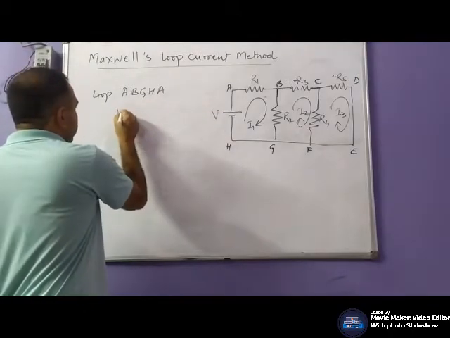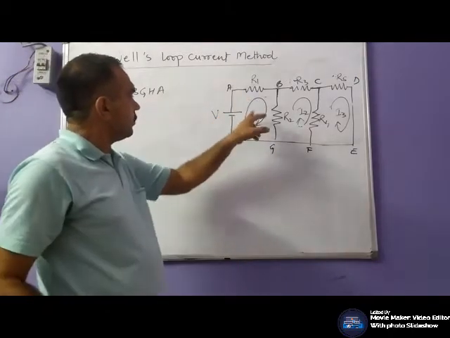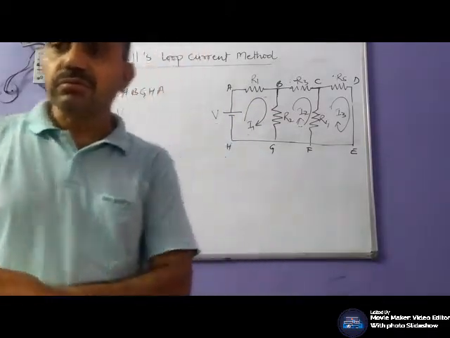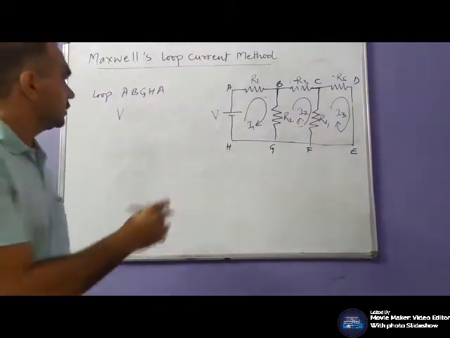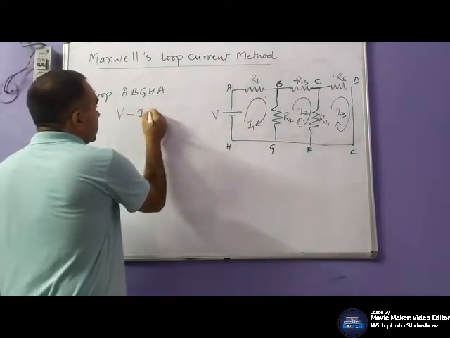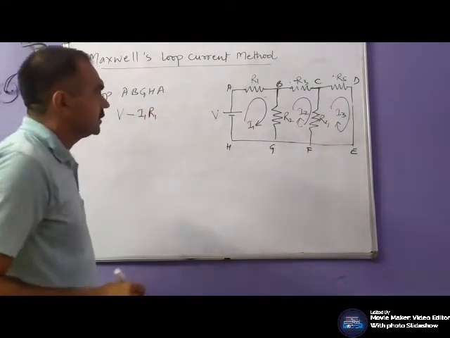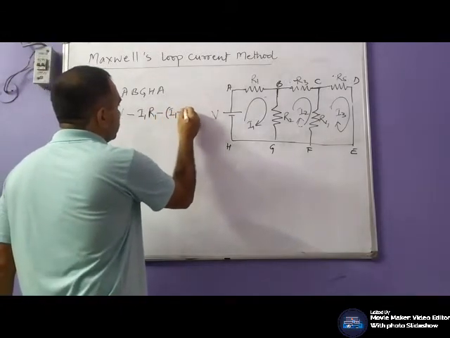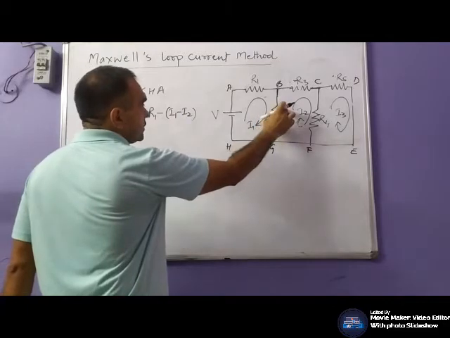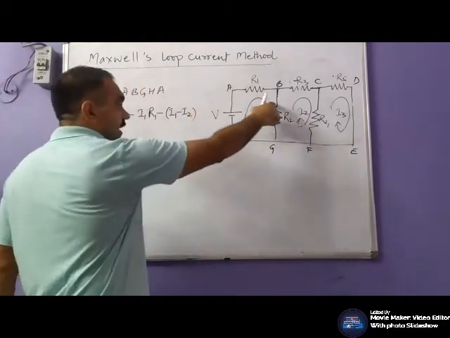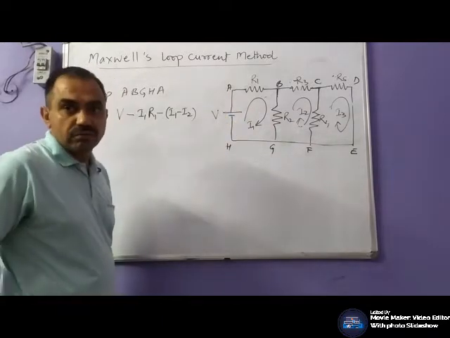Lower to higher, we are moving; current flows from higher potential to lower potential. So minus I1 R1, minus I1 minus I2, in this branch the current is this, and we know the direction of current is this, so current would flow from higher to lower.